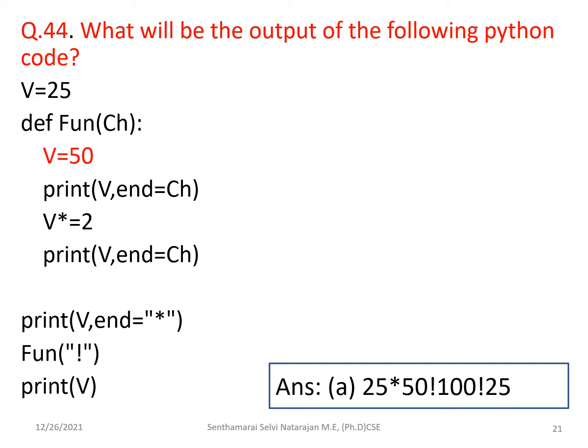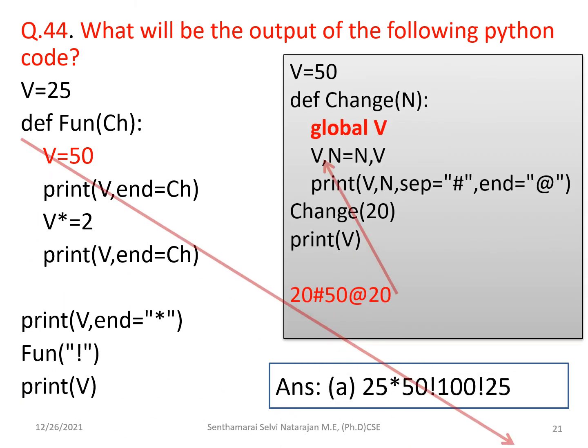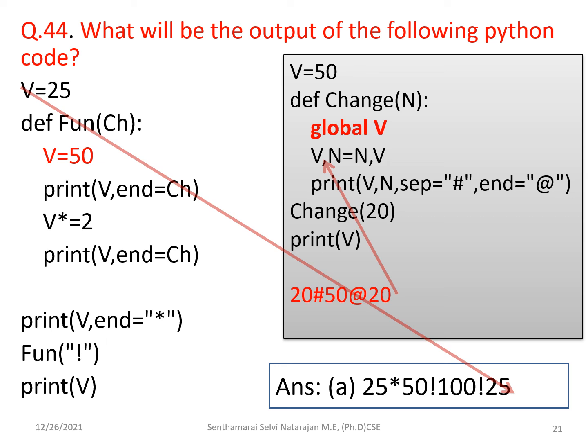We have already seen in question 37 how the value of the global variable gets affected. You see here, even though the value is 50, inside the function it is defined as global. So here the value of n is assigned to here, that is 20 is assigned to v.